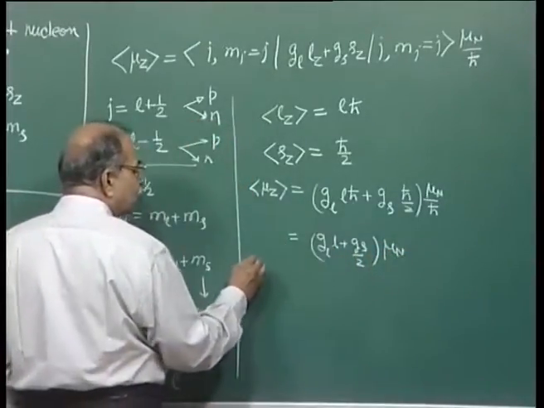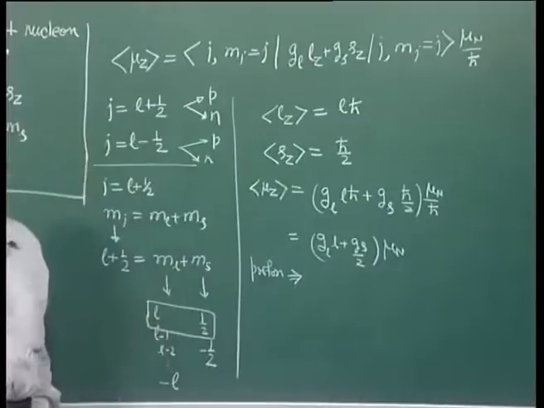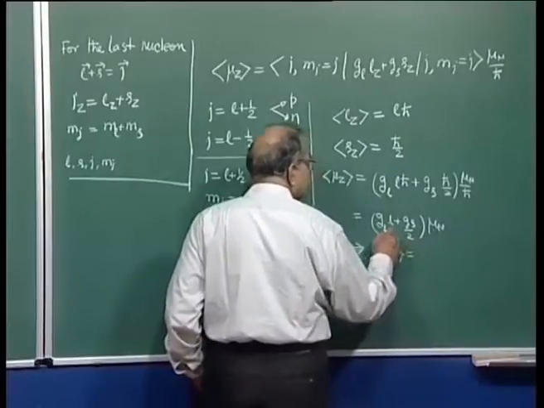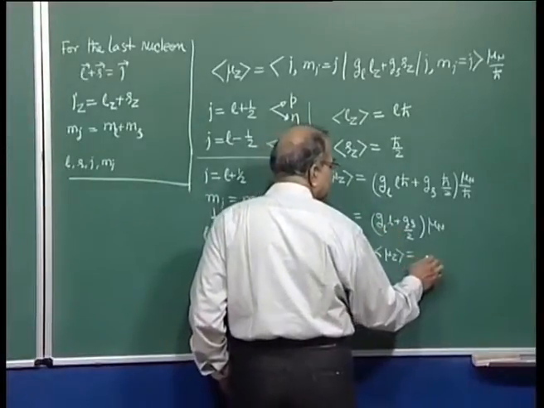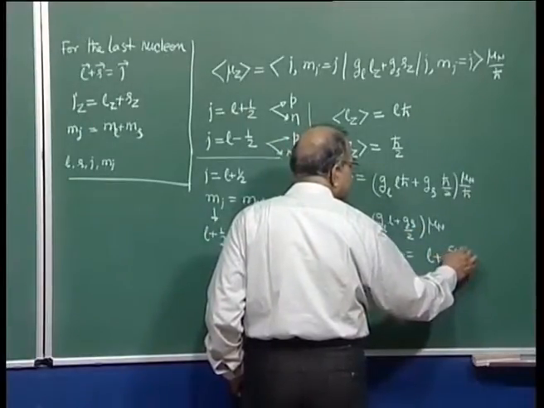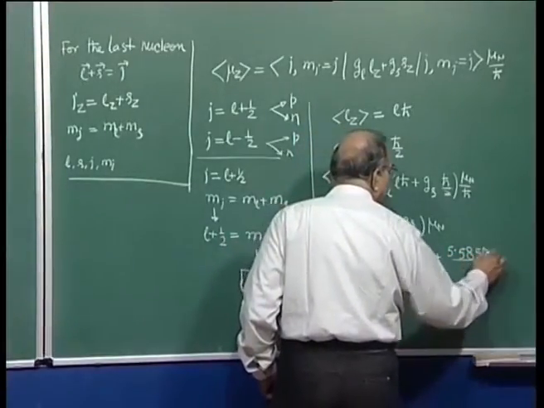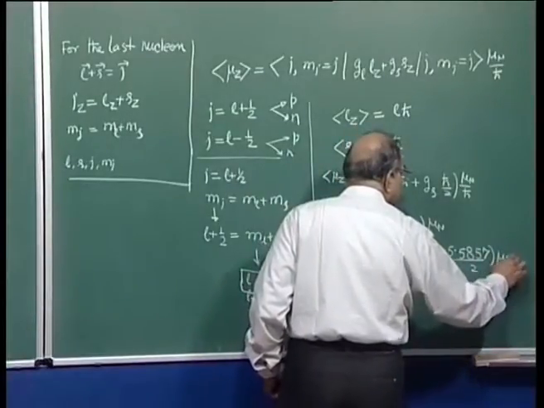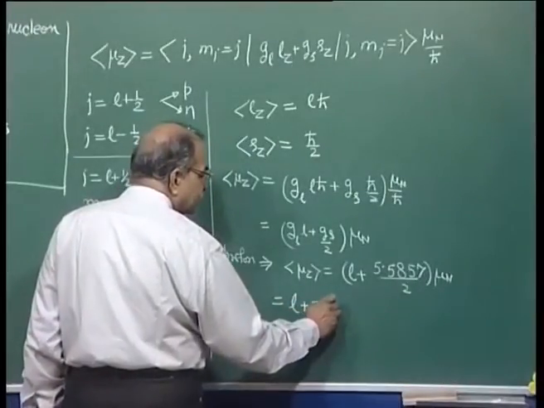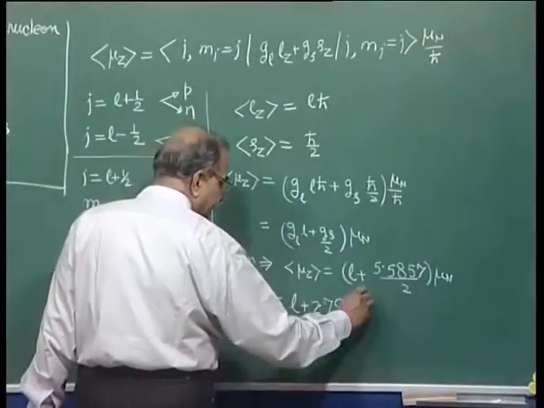If this last nucleon is a proton, then this mu z is, GL is 1. So, it is L and how much is GS? 5.5857 by 2 times mu n, which is L plus 2.7928 times mu n.